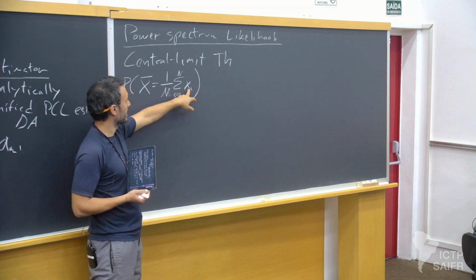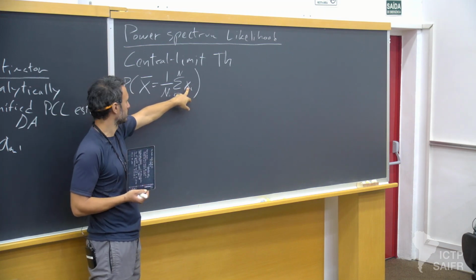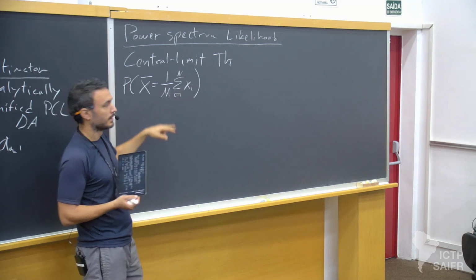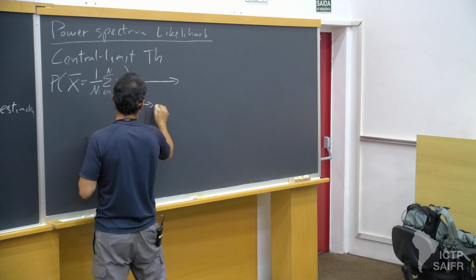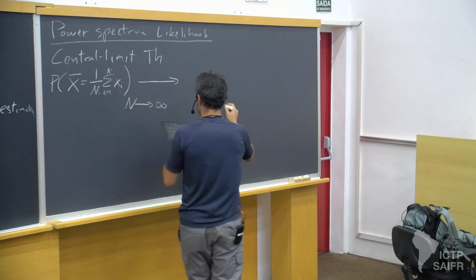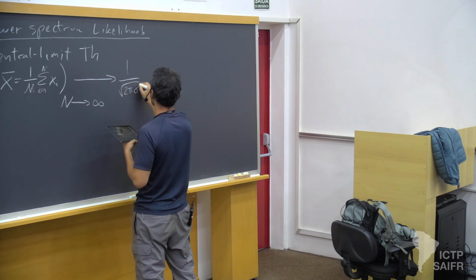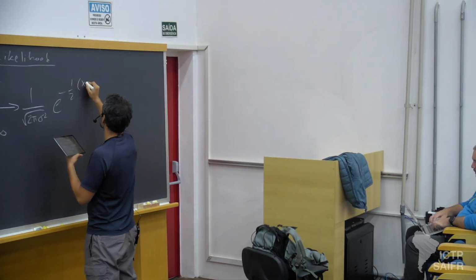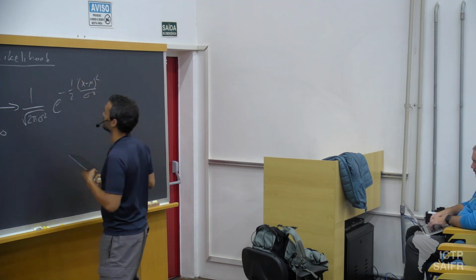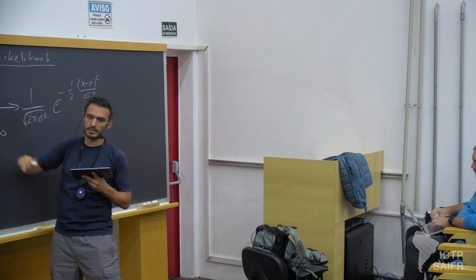So if you calculate the mean of them, this probability distribution in the limit when n goes to infinity will converge to a Gaussian: 1 over square root of 2 pi sigma squared, e to the minus 1/2 of (x minus mu) divided by sigma, squared, where mu is the mean of these distributions.